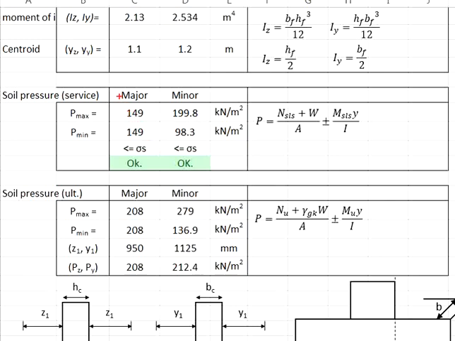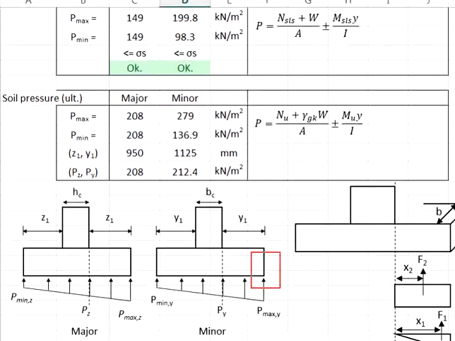Since you don't have any moment in the major axis, you will expect the stress to be uniform throughout the entire width of the major axis. There is moment in the minor axis. That means the soil pressure redistributes. One side will have a higher soil pressure, while the other side will have a smaller soil pressure.